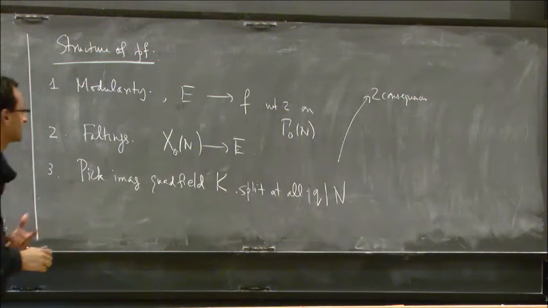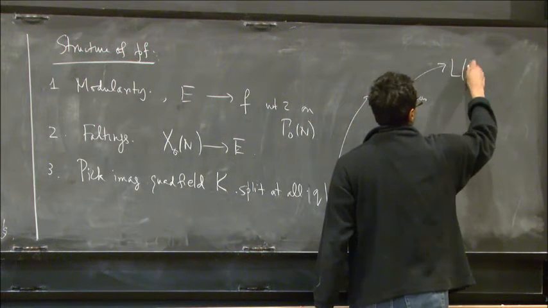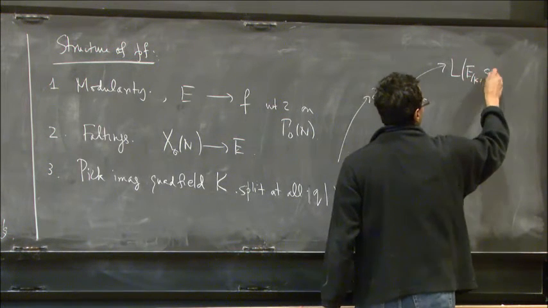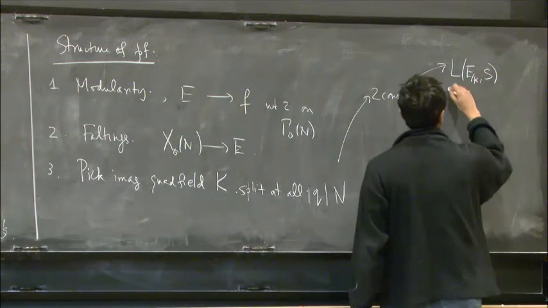So the first of these consequences is that if you look at the L-function of E, not over Q but over K, then L(E/K,s) in fact vanishes to odd order.